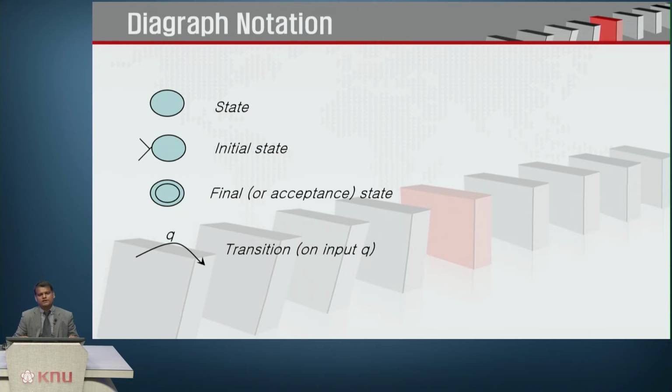And jumping from one state to another state, or in other words the transition from one to another, is represented by means of this arc that you have here, and here as an example the input is q.